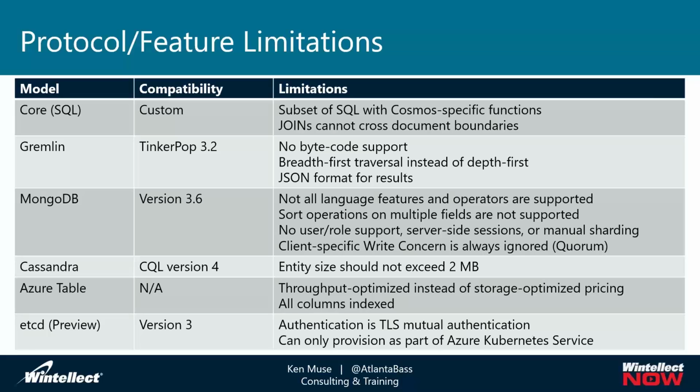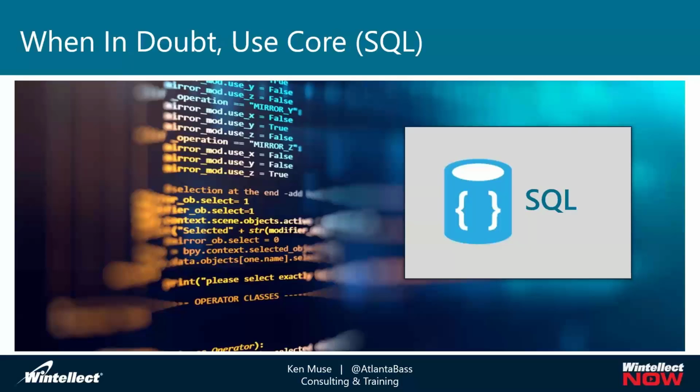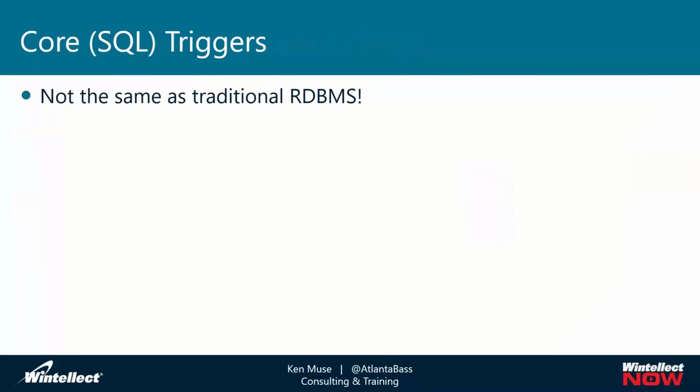And finally, when it comes to the models, when in doubt, fall back to using the core APIs or the SQL interface. It has the most features and the most functionality available to it. One of those features that is specific to the core model is triggers. Now, for all of you database folks who are saying, triggers, this I understand.